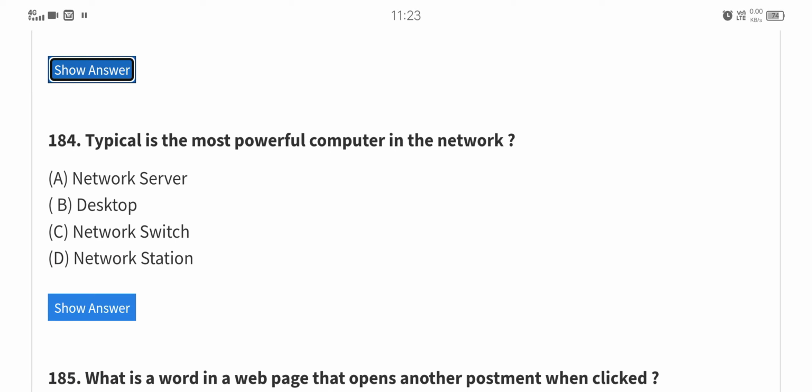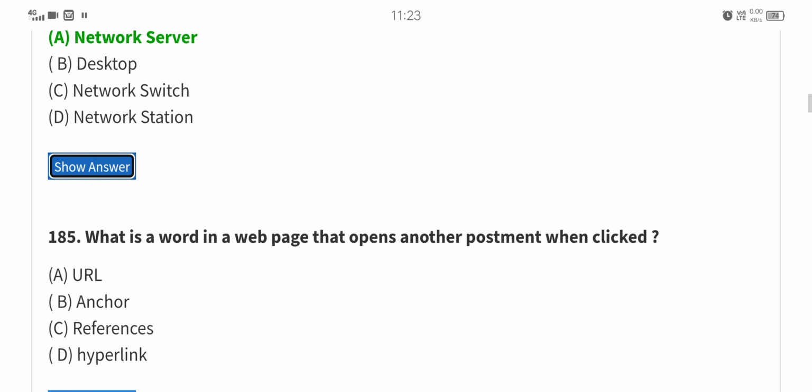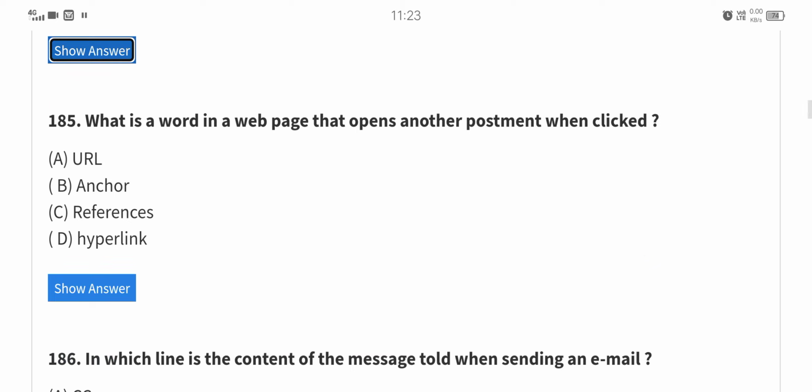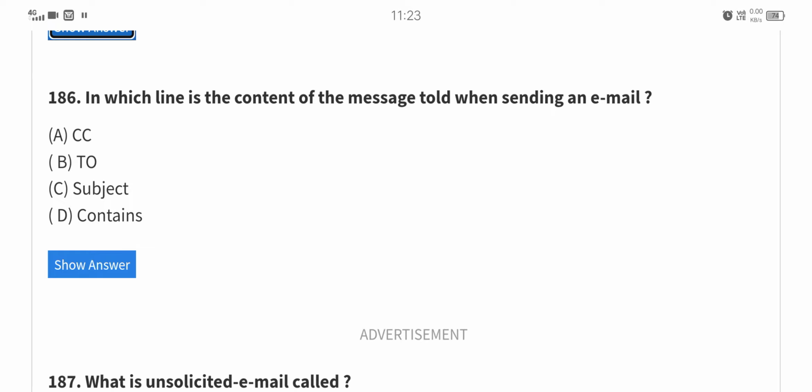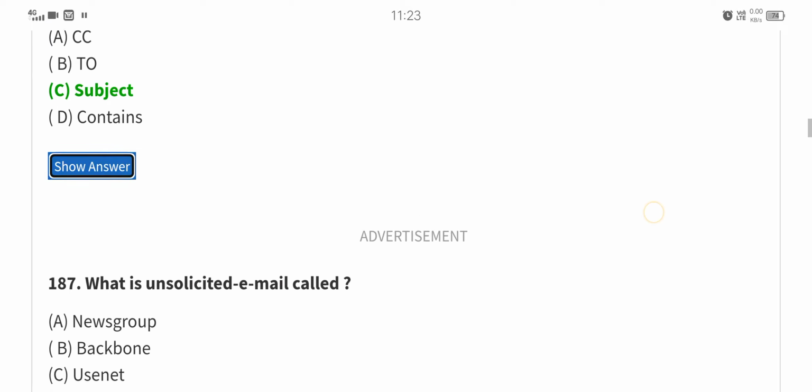The most powerful computer in the network is the server. What is the word in a web page that opens another document when clicked? Hyperlink. In which line is the content of the message told when sending an email? Subject.